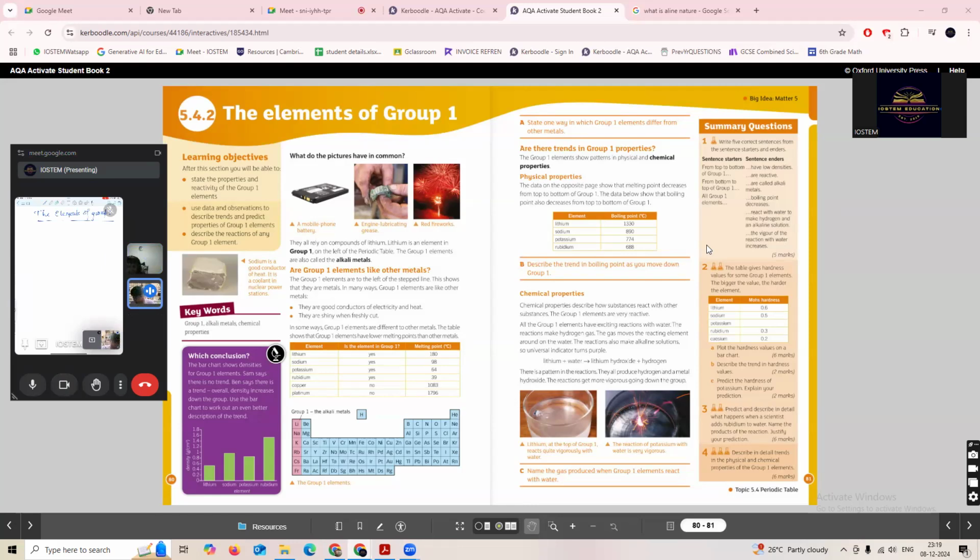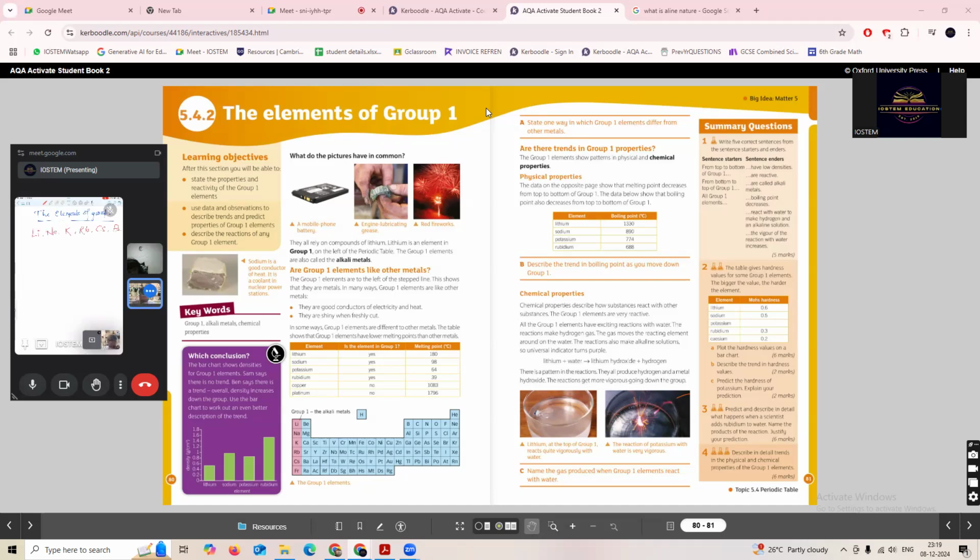Okay, so the elements of group 1 are nothing but lithium, sodium, then potassium, then rubidium, then cesium, and then francium.